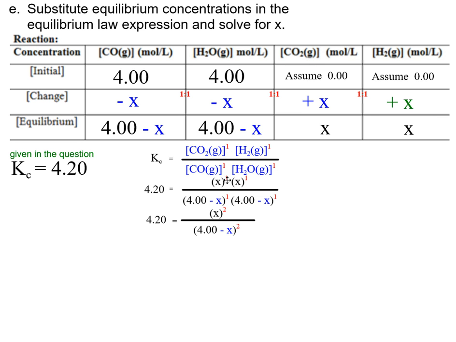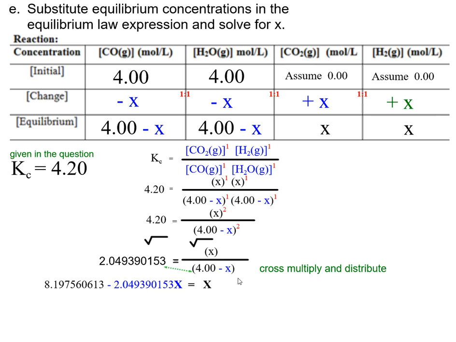Since the bases are the same, I can combine the exponents and add them. Now, at this stage, I can square root both sides, since it's a squared term, to get x to an exponent of 1. Then I cross multiply and distribute this value to isolate for x.